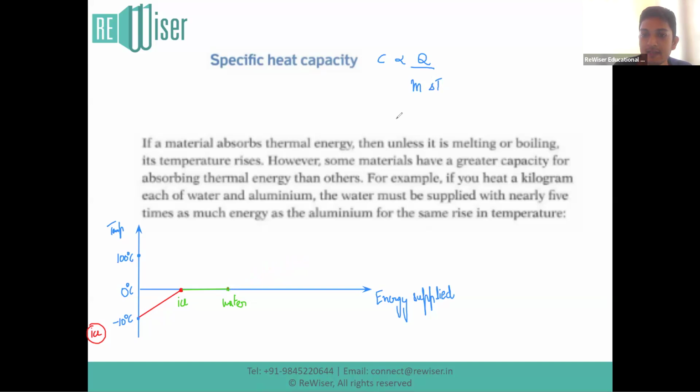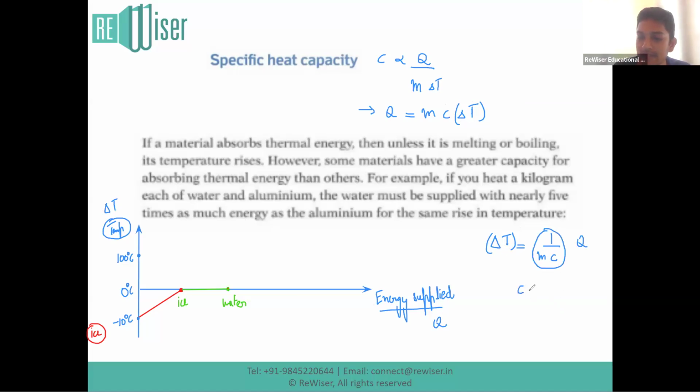So written as Q equals MC delta T. I can rewrite this formula as change in temperature equals 1 by MC into Q. Here, remember, this is a graph of change in temperature versus energy supplied, which is Q, delta T versus Q. So here 1 by MC will be the slope.